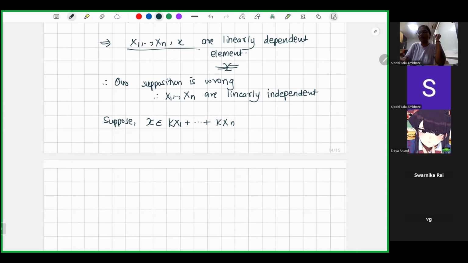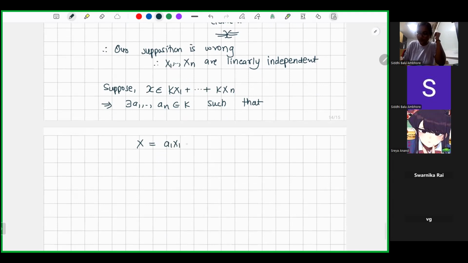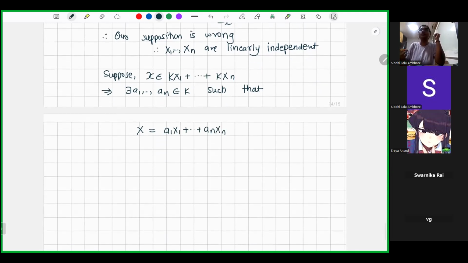Now we are doing the same thing. We are assuming that x belongs to the linear combination of these n elements. So this implies there exist a1 to an in K such that x is equal to a1 x1 plus dot dot dot plus an xn. This is what this statement means.